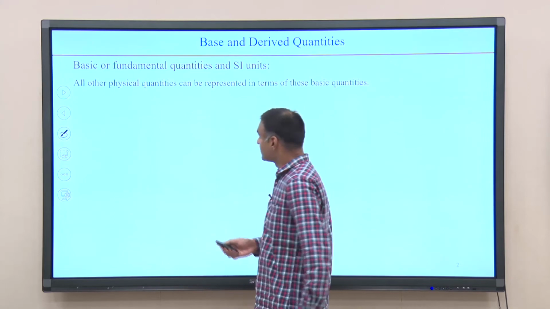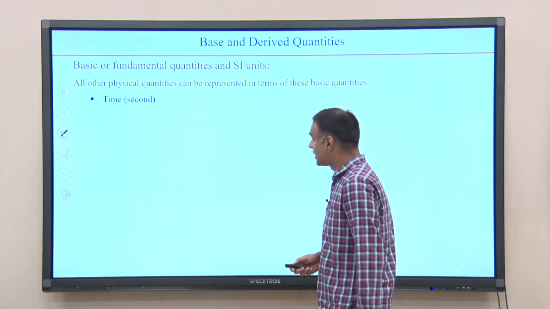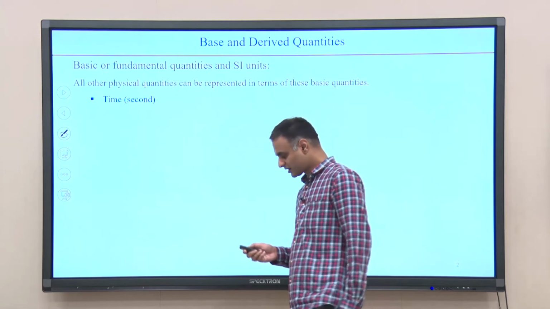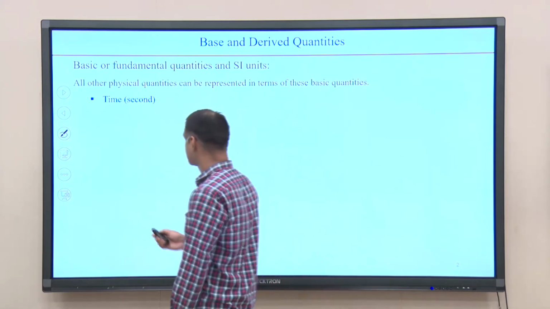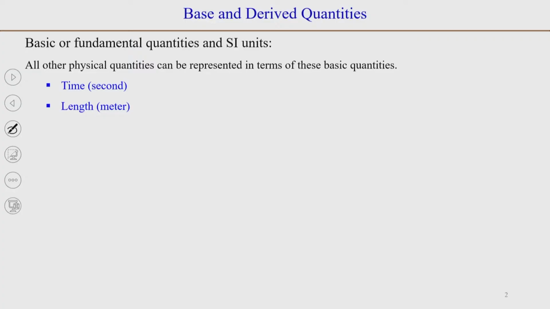So, in the current system, the quantities which are considered to be base quantities are time, the SI unit for it is second; length, SI unit is meter; then mass, SI unit is kilogram.